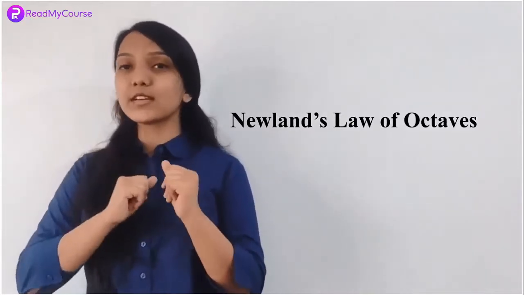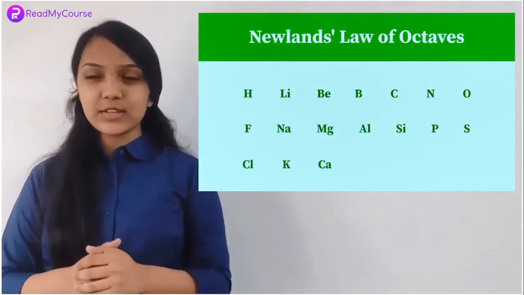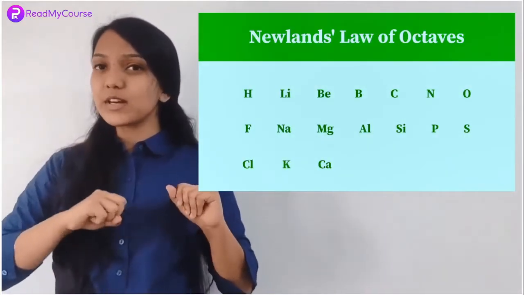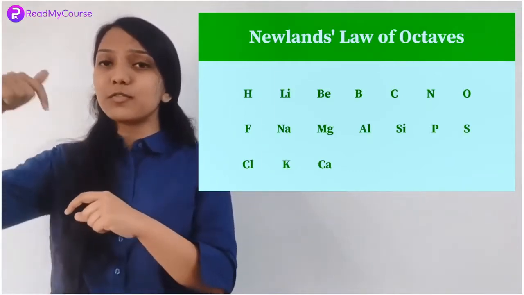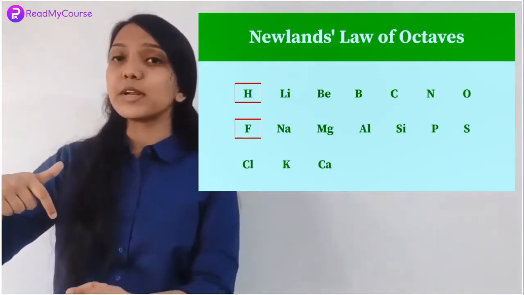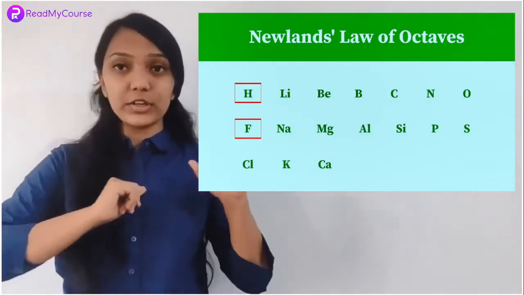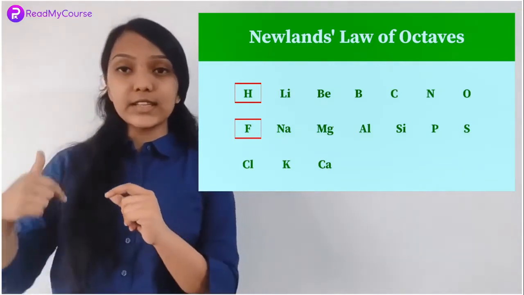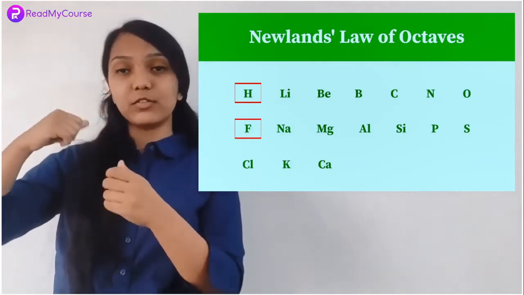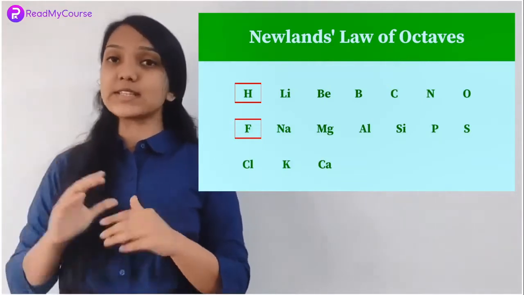Octaves means eight. When he grouped the elements according to their atomic weights, he said that the first element and the eighth element had a resemblance. The eighth element resembled the first element in its atomic weight and its properties as well.